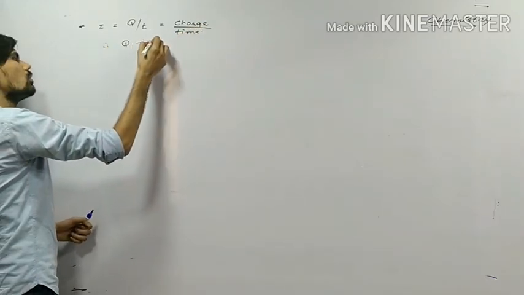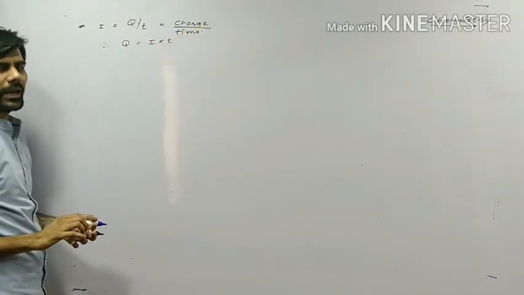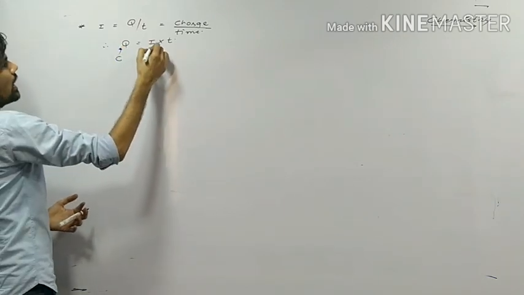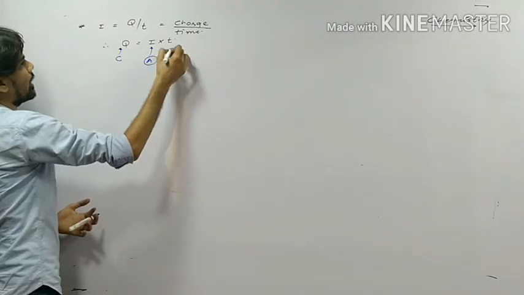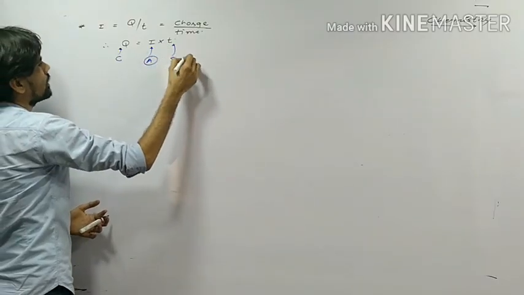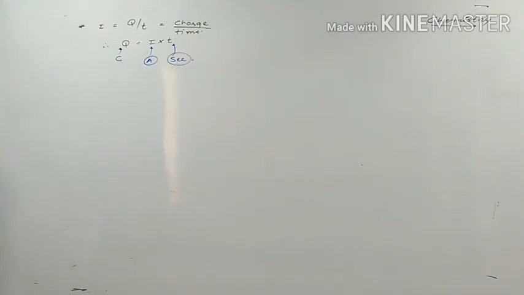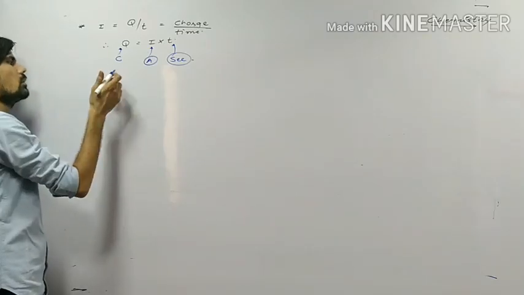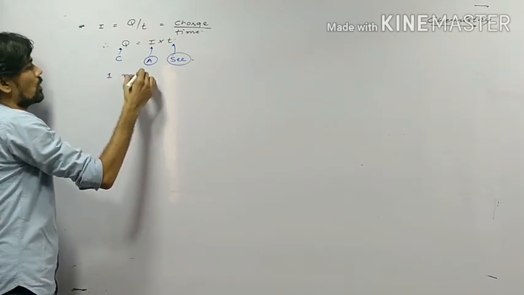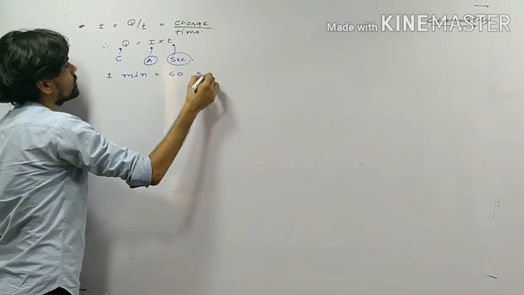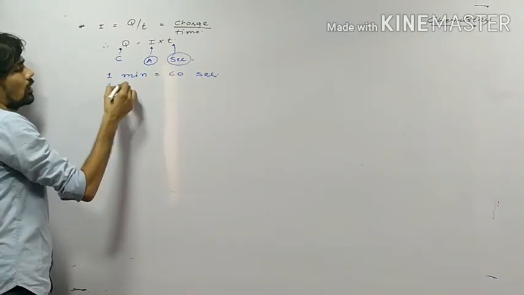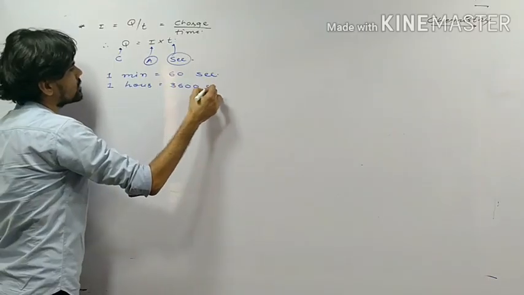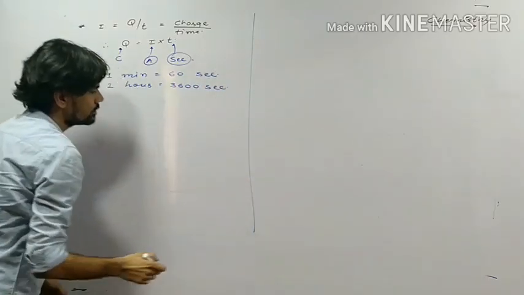So Q is equal to I multiplied by T, where the unit of Q is C coulomb, I is ampere, T is second. Another thing, 1 minute is equal to 60 seconds and 1 hour is equal to 3600 seconds.